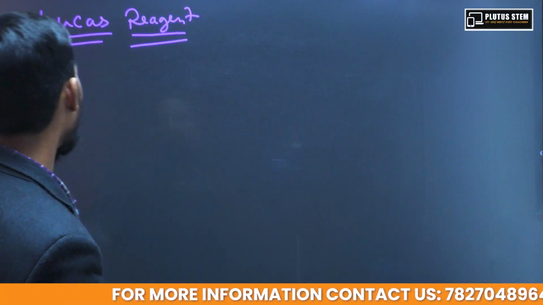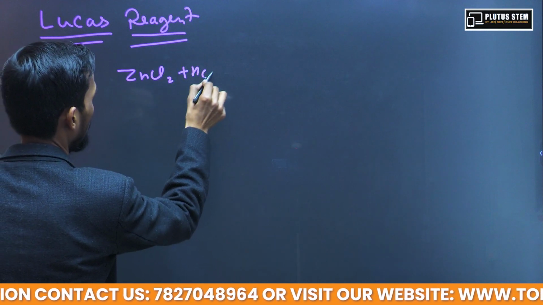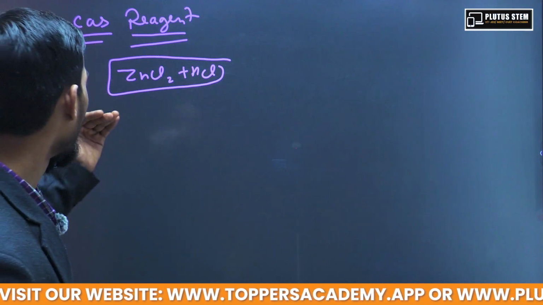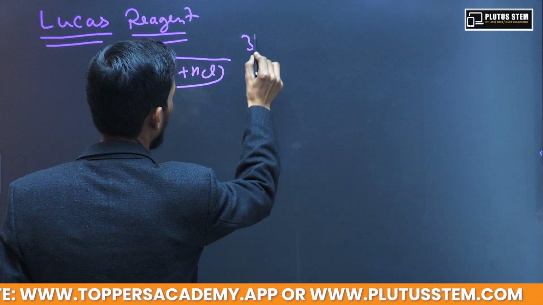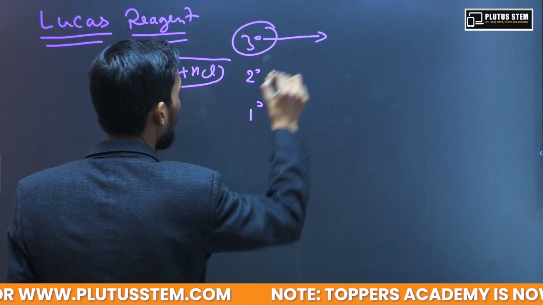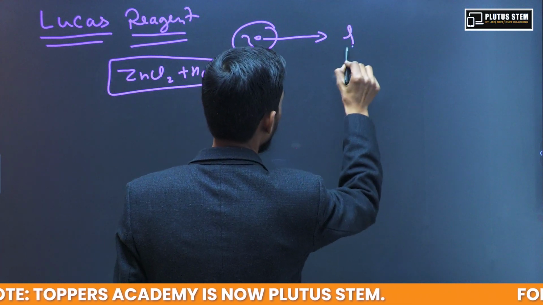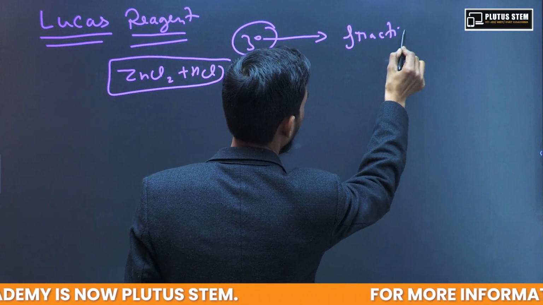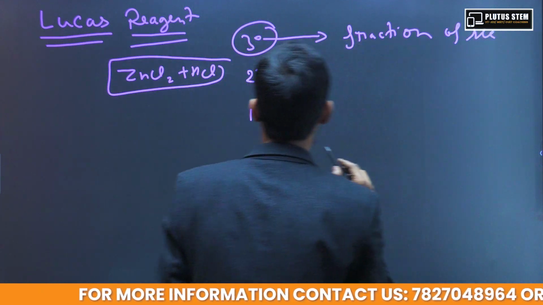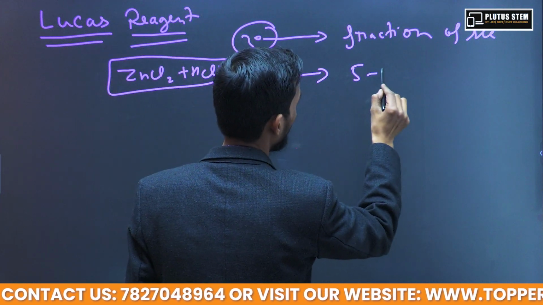This ZnCl2 plus HCl helps in the determination of 3 degree, 2 degree and 1 degree alcohol. 3 degree alcohol will give the reaction within seconds or a fraction of a second. 2 degree alcohol will take some time, say 5 to 10 minutes.